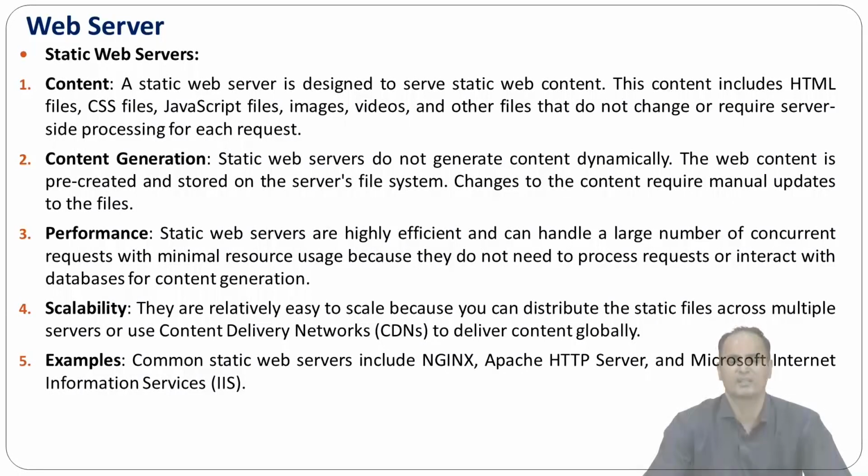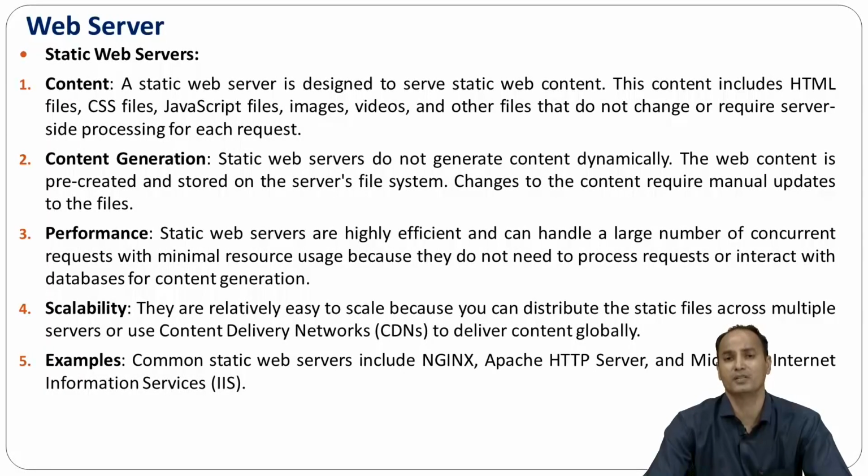Now, after learning about web servers and types of web servers, we should move towards types of websites. Types of web servers: there may be static web servers and there may be dynamic web servers. Generally, static web servers deal with various mechanisms like content generation, performance and scalability.